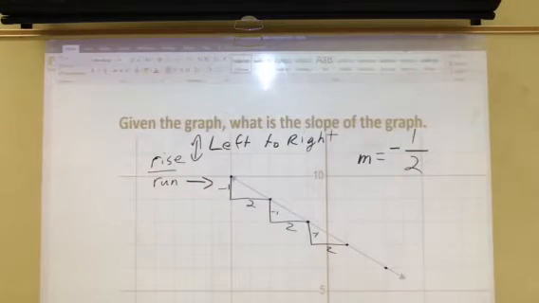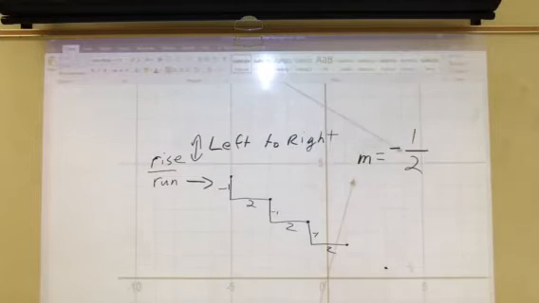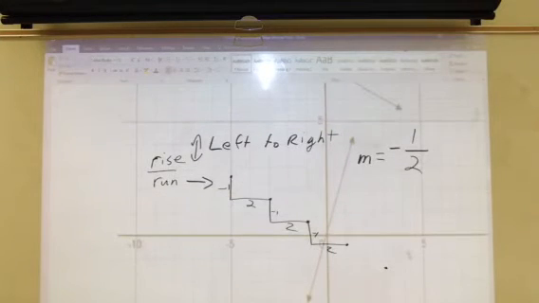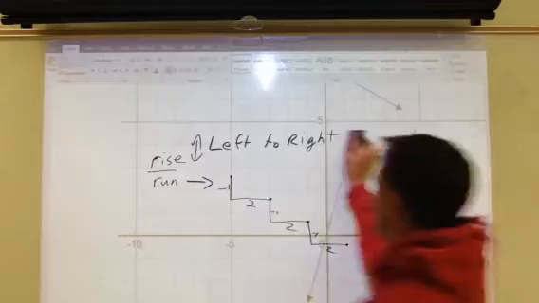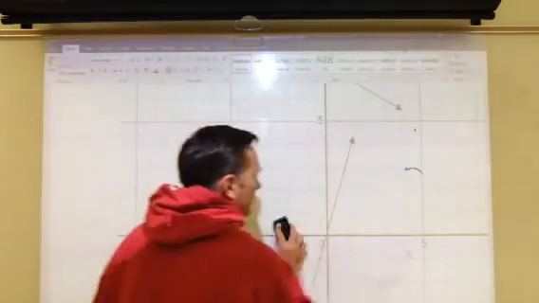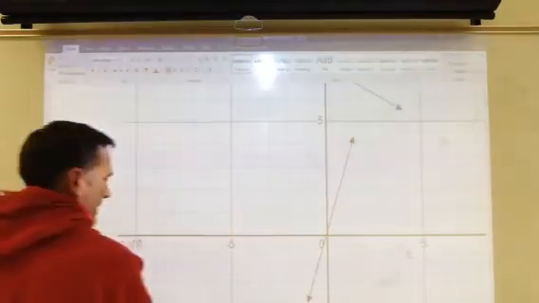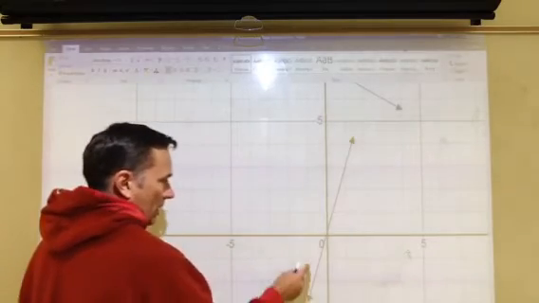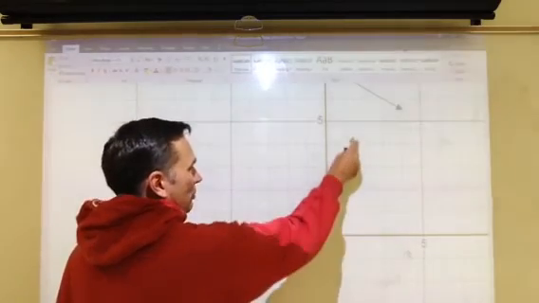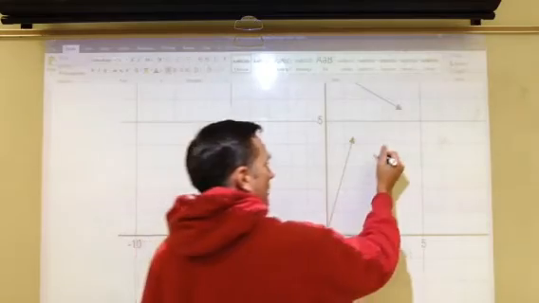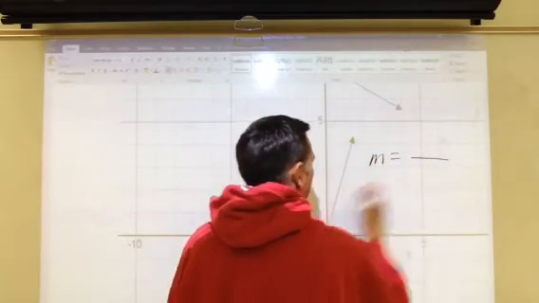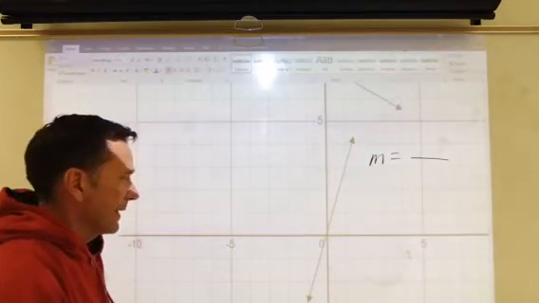Here's the second one. Again, we're reading this left to right. So as I'm going from 0, I see that in order to get to the next point, I've got to go up. So this one, my slope is again positive. It's going up.